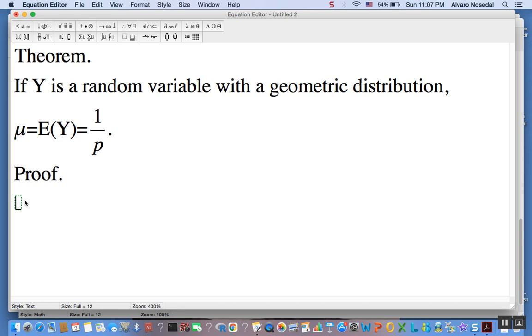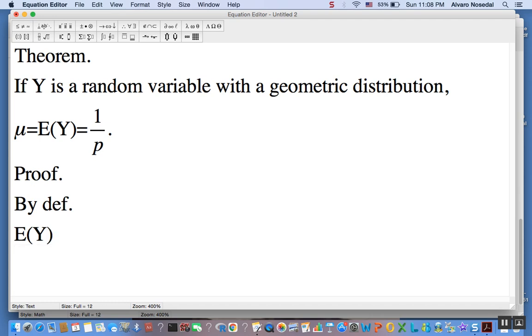Let's show that the expected value of a geometric random variable is 1 divided by p. As you can imagine, the first step will be just writing the definition of expected value.